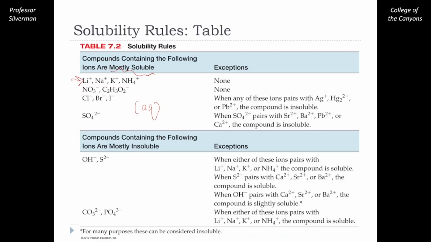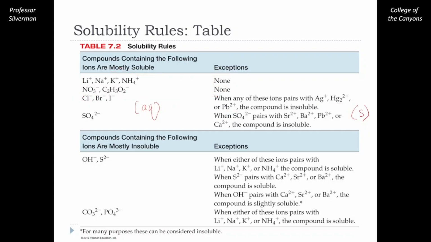However, our rules oftentimes have exceptions, so we can check soluble except, in this case, no exceptions. But if we have something like our halogens, these are soluble except when they pair with silver, mercury, or lead, then it will be insoluble. In other words, we can say that they will remain solid.